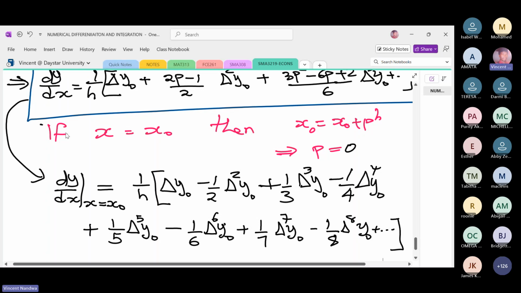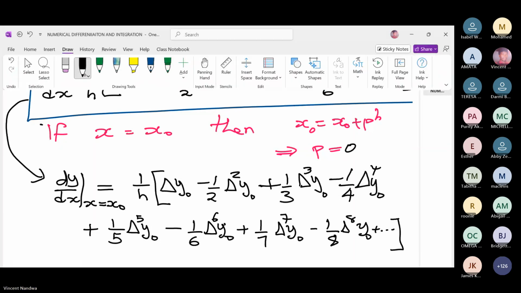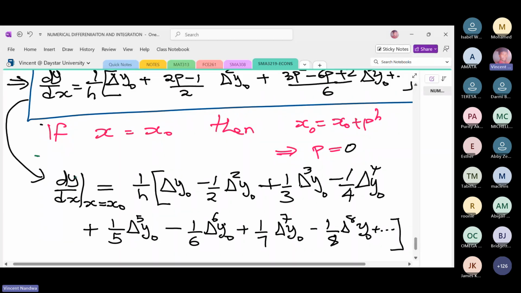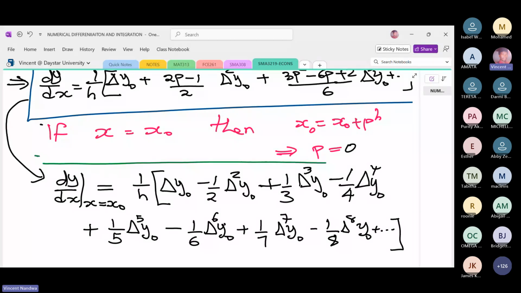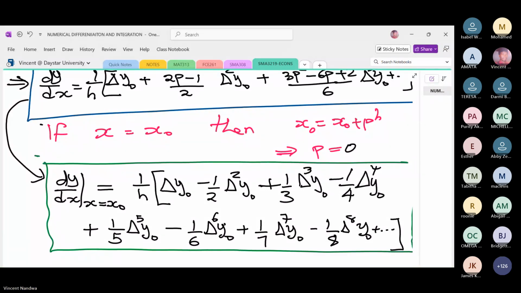So this formula, what I want to put in a green box. Let me call this one 1. So this formula 1 is what we use to find the first derivative of a function at a value of x near the beginning of the table when the values of x are equally spaced.